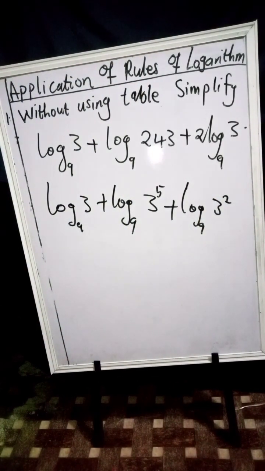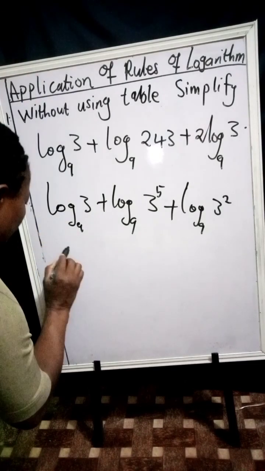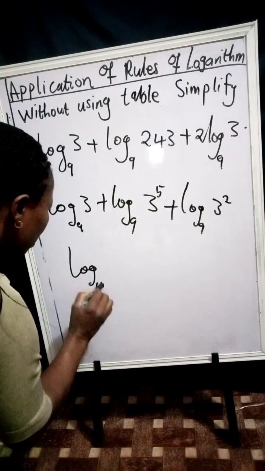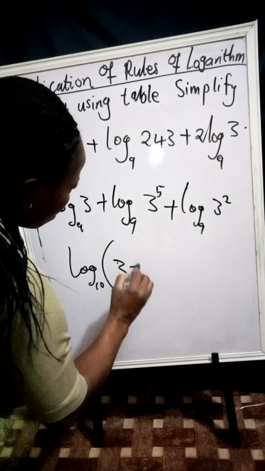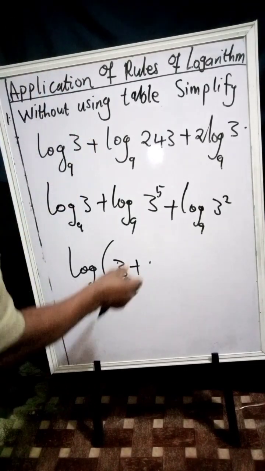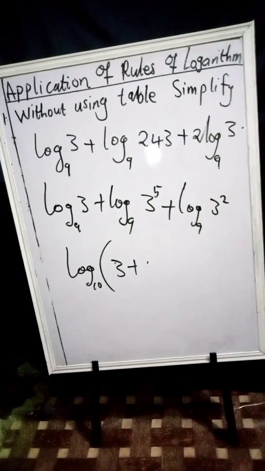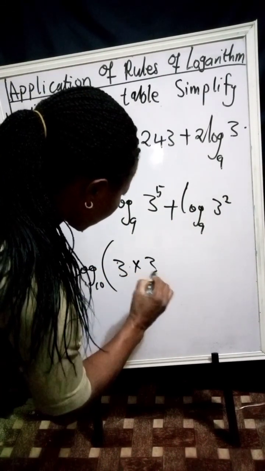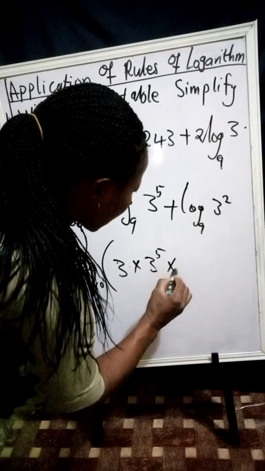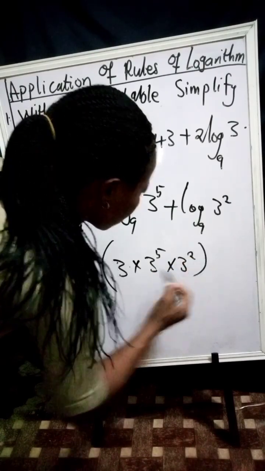Now the next thing we have to do is to write this as a single logarithm. So we have log 3 plus 9 multiplied by 3 to power 5 multiplied by 3 to power 2.